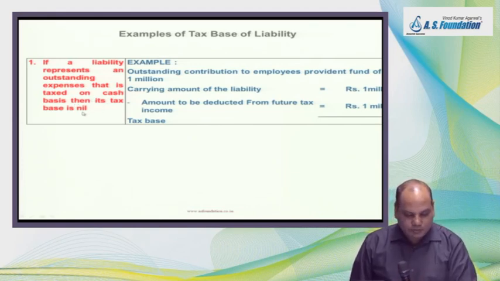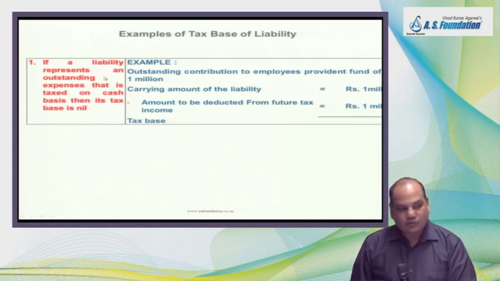This is again similar to one example we have solved, question number 15, which was rent received in advance. So any liability which is already taxed on cash basis, its tax base will be nil. Like this example, outstanding contribution to employee provident fund is rupees 1 lakh.